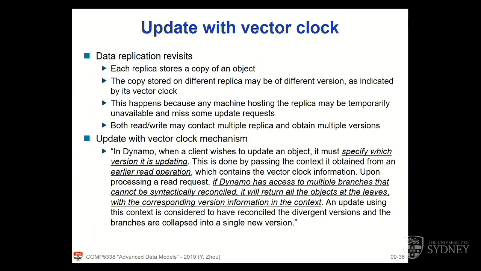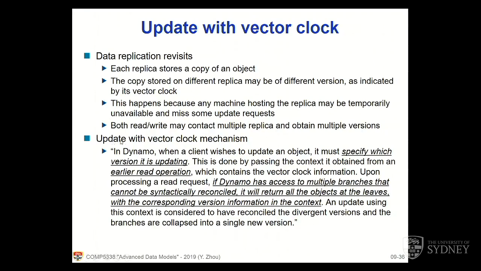So different replicas may have different versions, indicated by different vector clocks. Both read and write need to contact multiple replicas, obtain multiple versions, compare them and decide what to do.